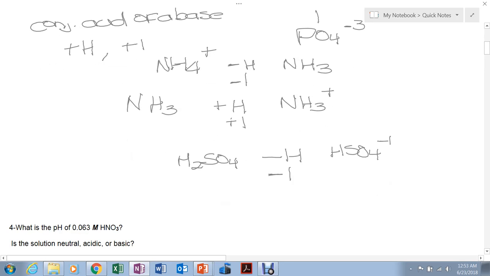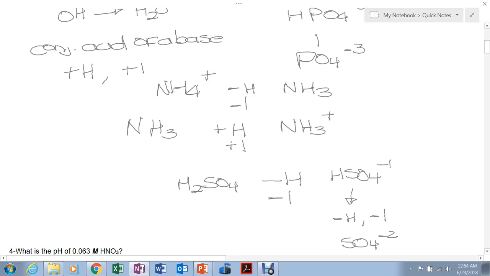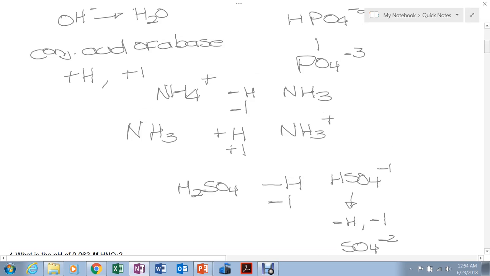Conjugate base would be minus 1 hydrogen, minus 1. So you took this hydrogen, SO4 minus 1 minus 1, minus 2. Conjugate acid of Cl negative is HCl and so on.